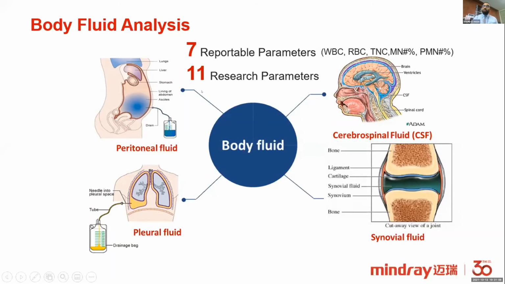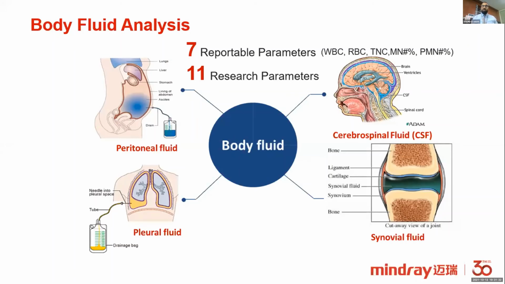And we also have other research parameters, like using high fluorescence, that we can find in the body fluid. And this body fluid analysis needs no additional reagent. It is the same reagent and the same technology as the CBC.